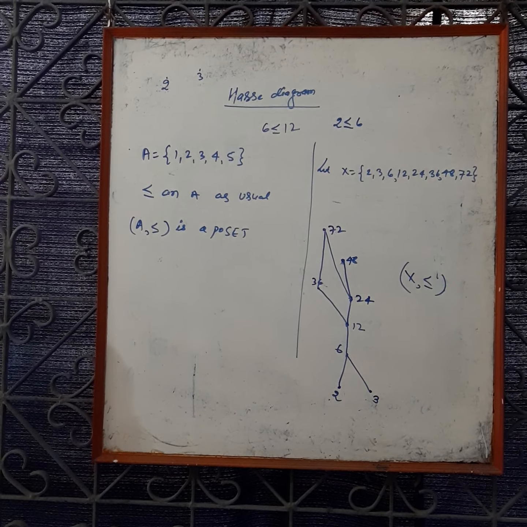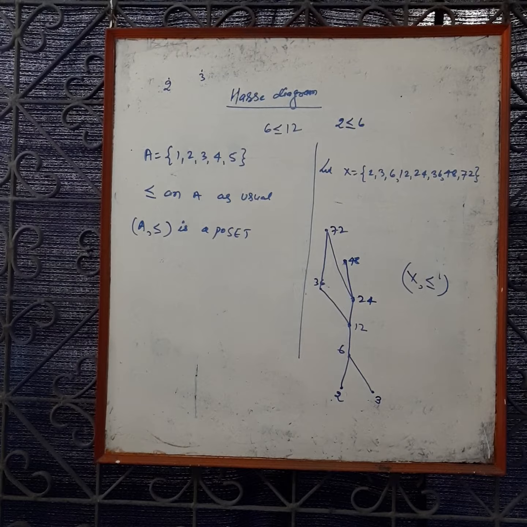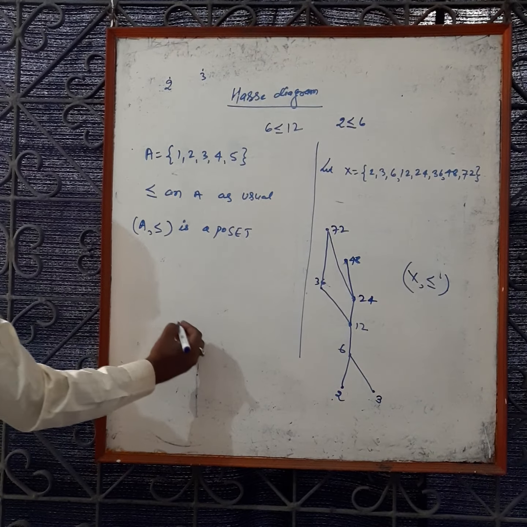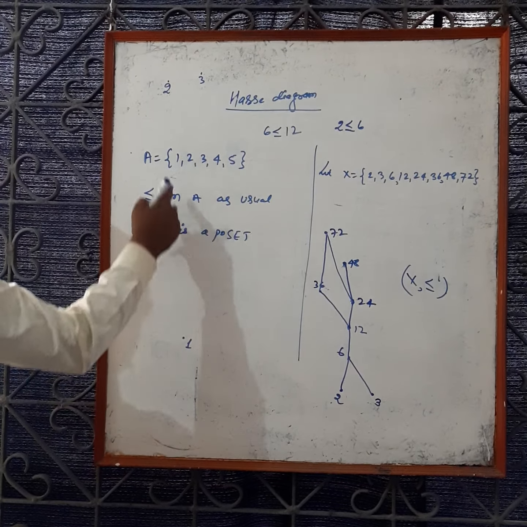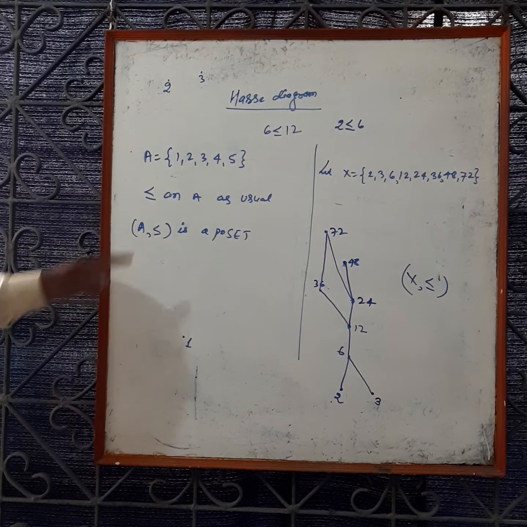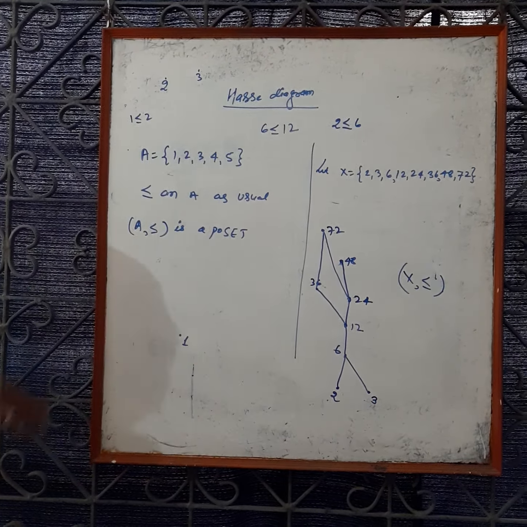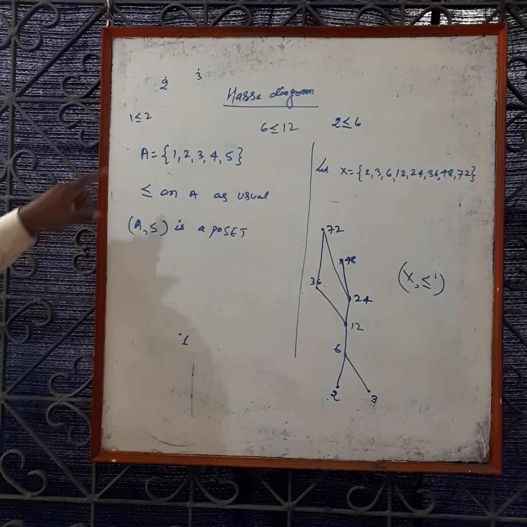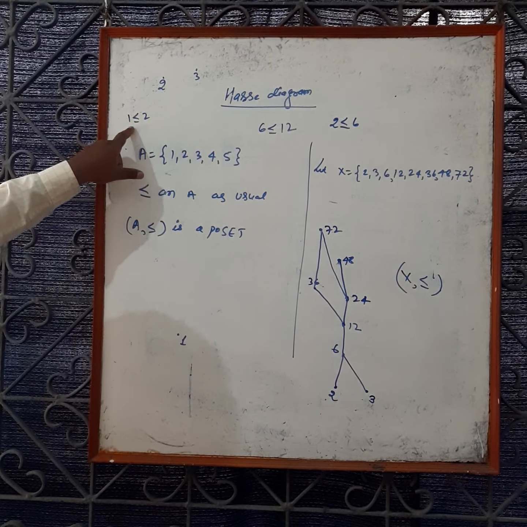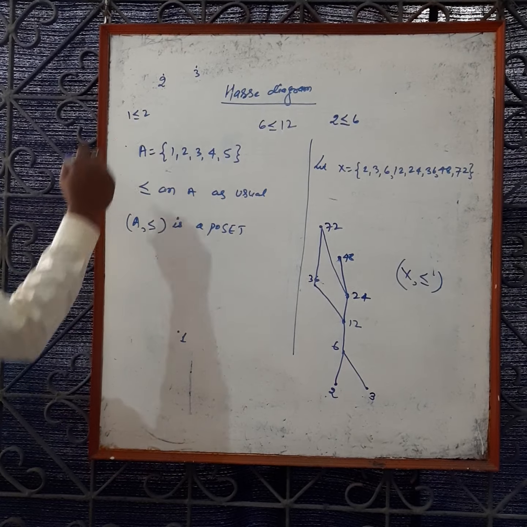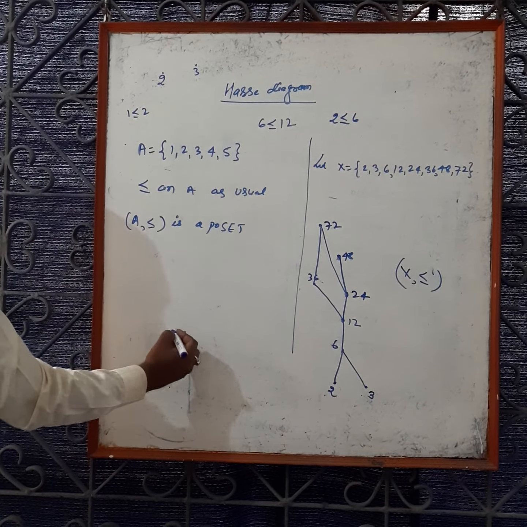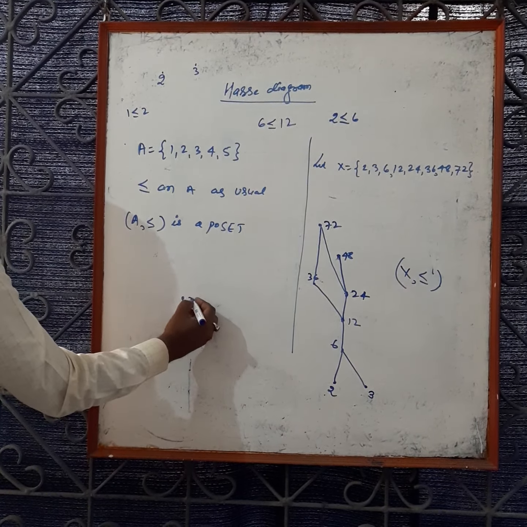In this situation we draw the Hasse diagram. The diagram will be as follows. First, element 1 is related to 2. 1 is less than or equal to 2. This means that the position of 2 is above 1.